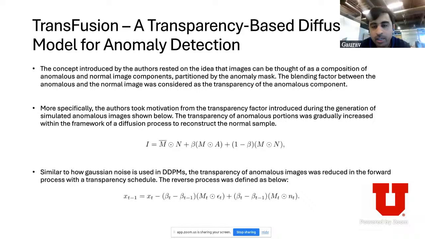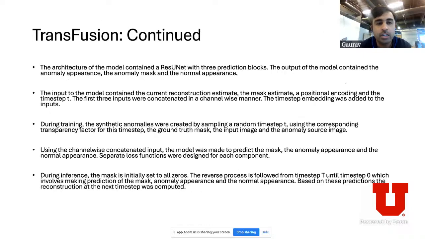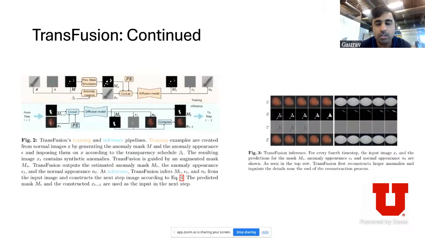In this particular case, the method is a little bit involved because the diffusion model is structured a little bit differently. But I will show the image here, which tries to talk about it.